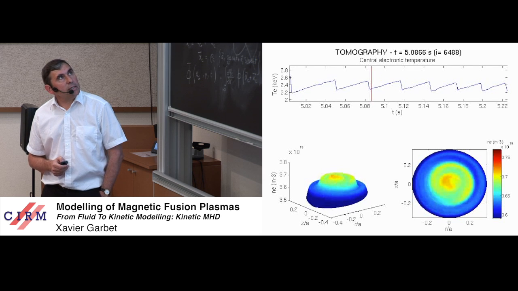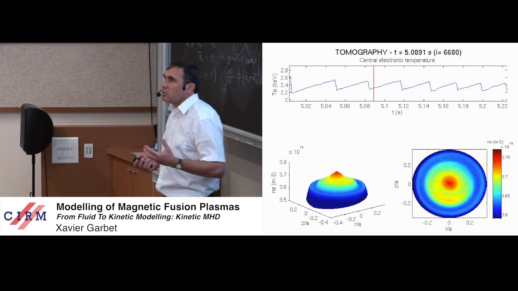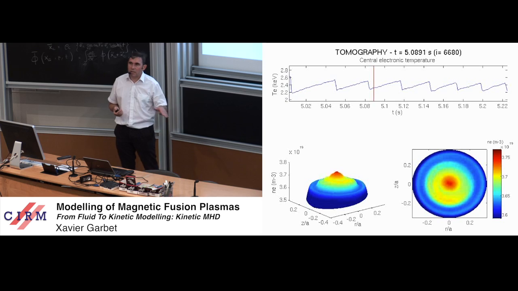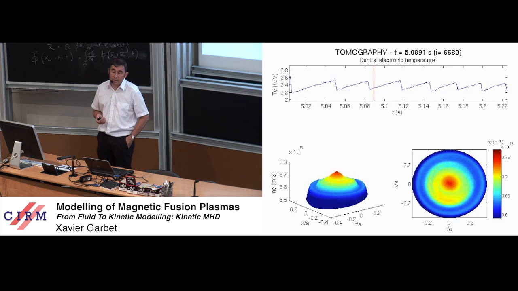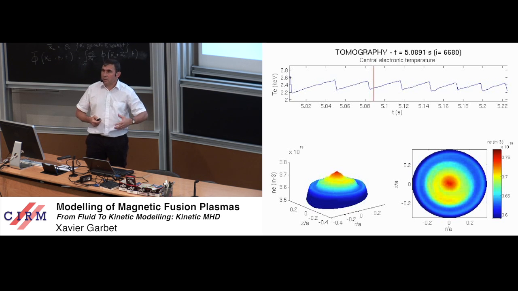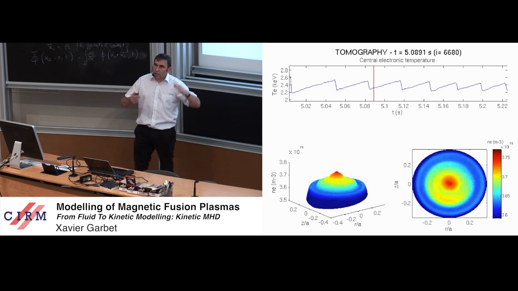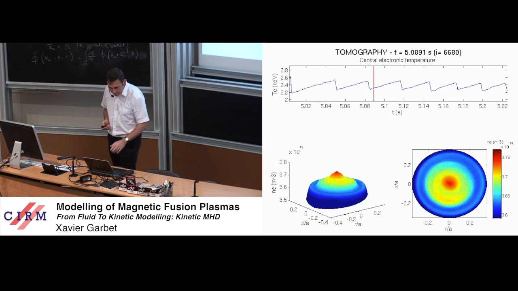What is difficult here is to reproduce not only the dynamics of the recovery phase, which is not the most difficult part, but to model this crash phase, and as you could see, this crash is very complex.